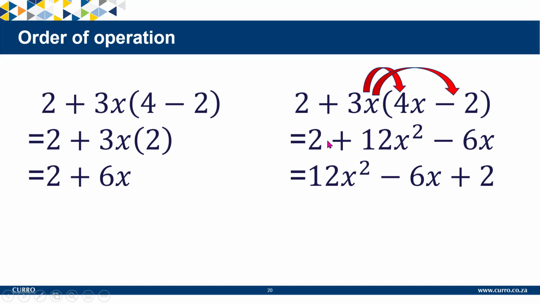Now we can combine the like terms. So, are there any like terms? No. We can change the order so that the highest exponent is first. We say we write it according to the degree in algebra, but don't worry about that now. 12x squared minus 6x plus 2.